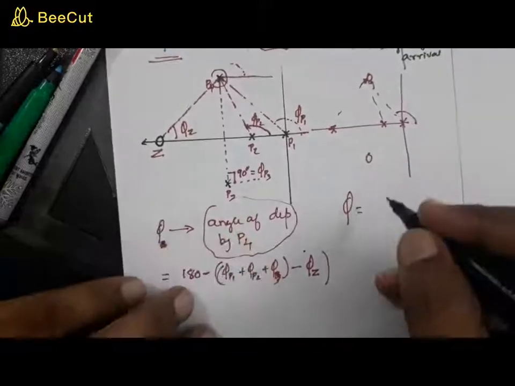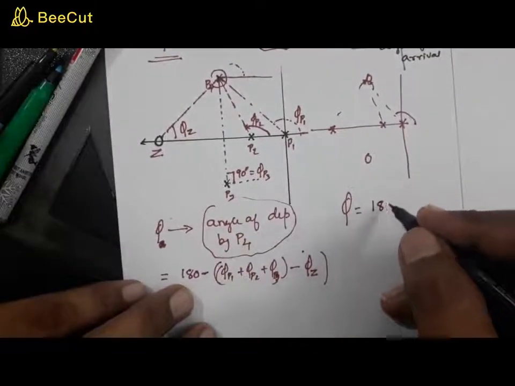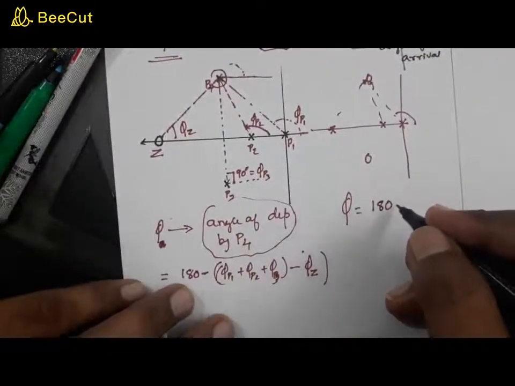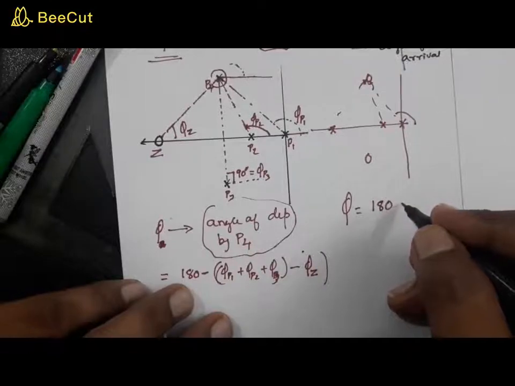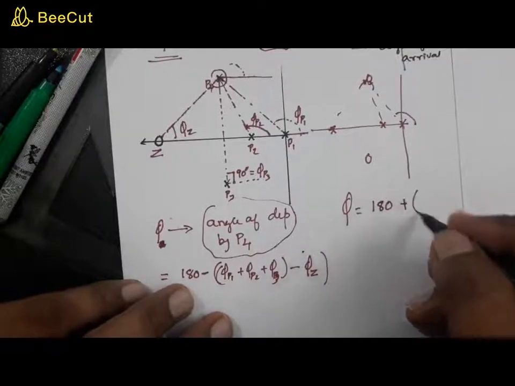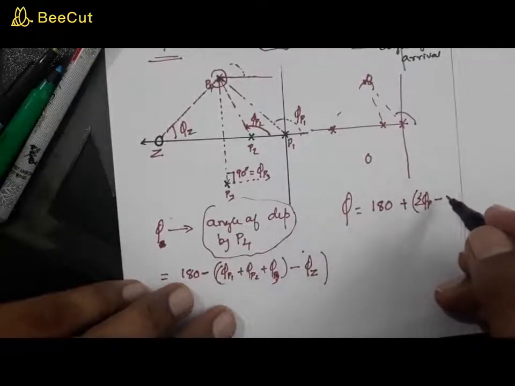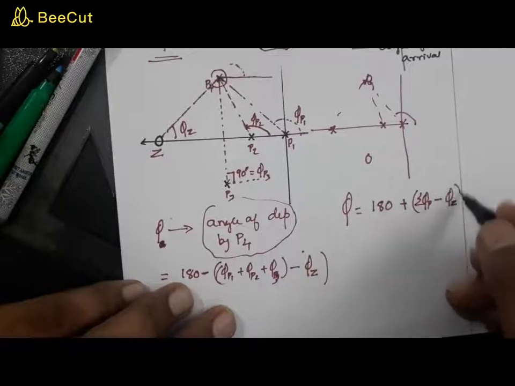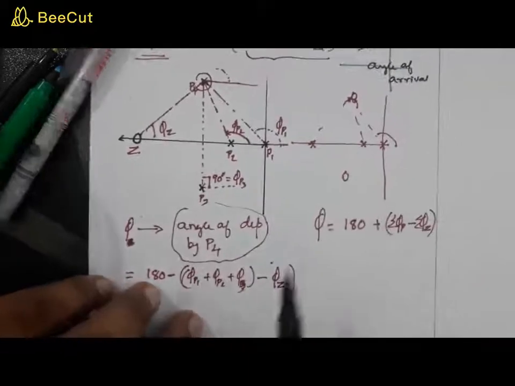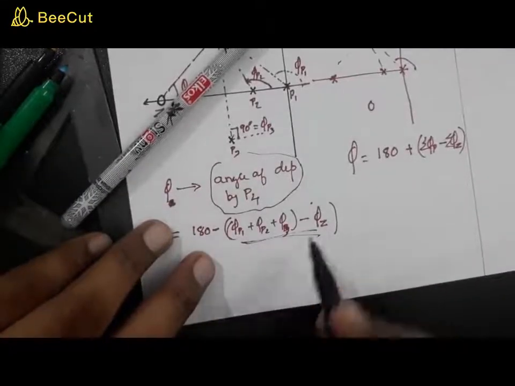The only difference is 180 plus the same thing, the sum of phi P minus the sum of phi Z. The only difference is just add a plus and do the same expression.